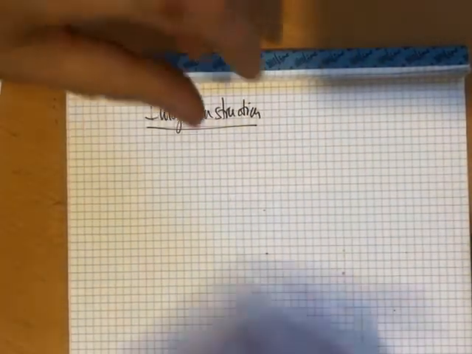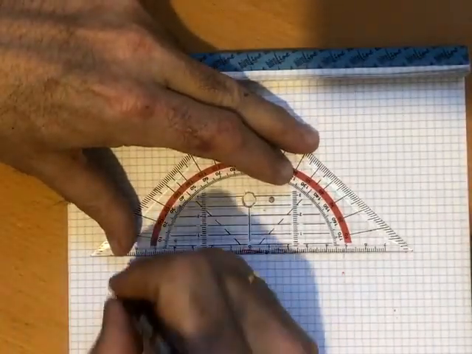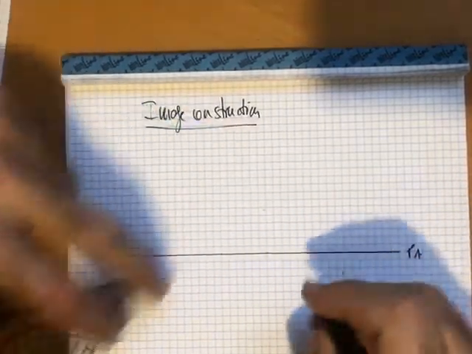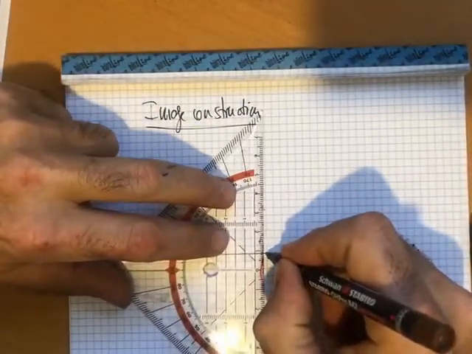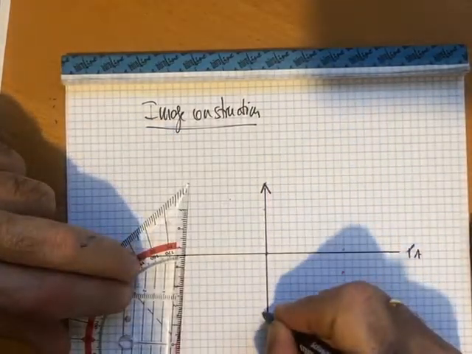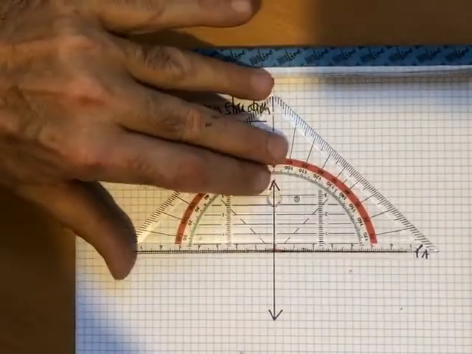So let us have a principal axis. Let us have some lens, which is here. Let us have some focal distances.